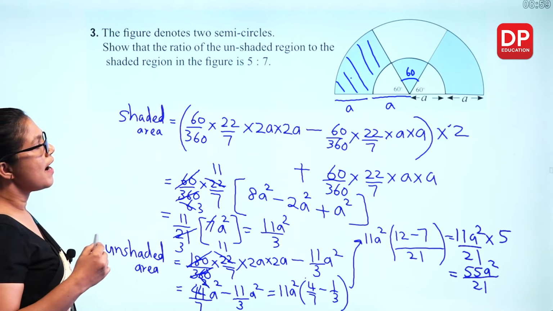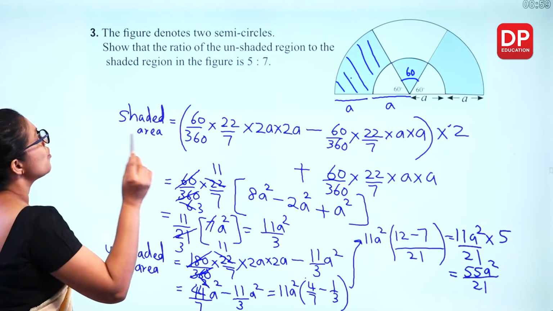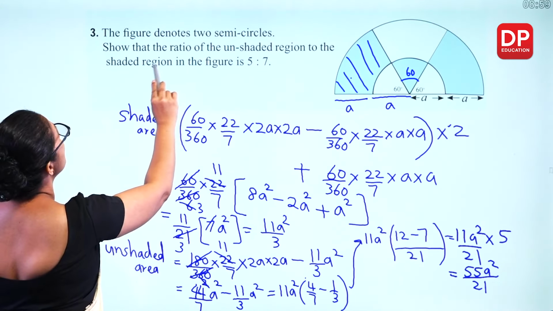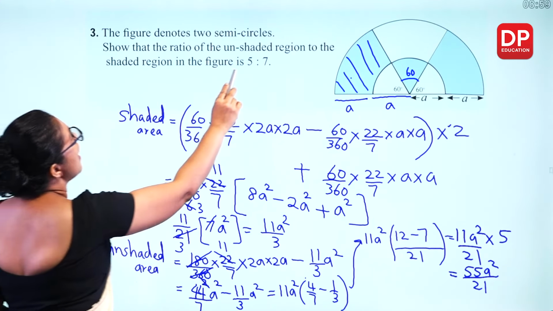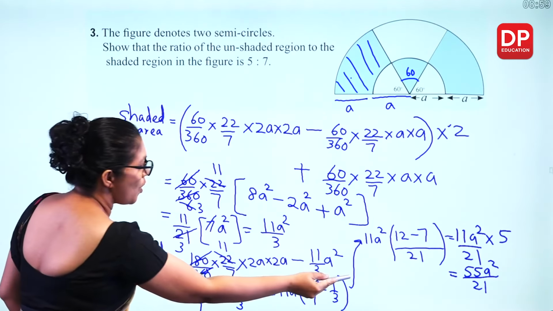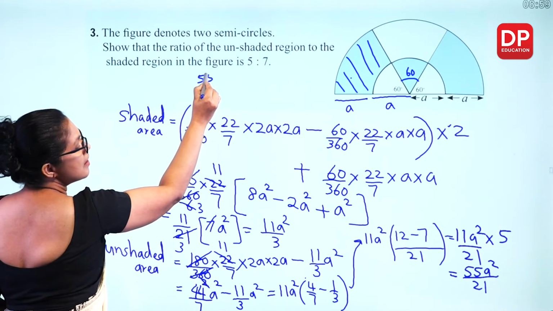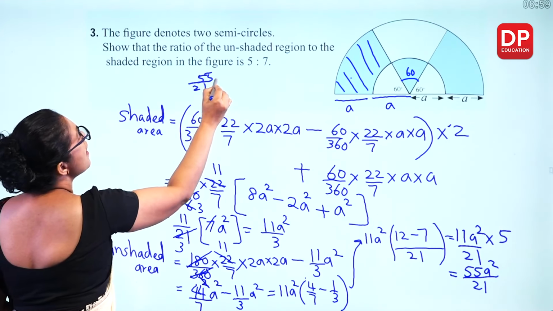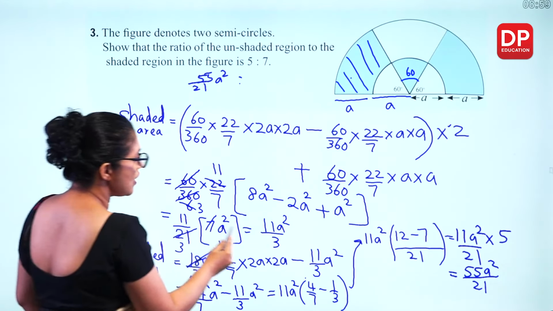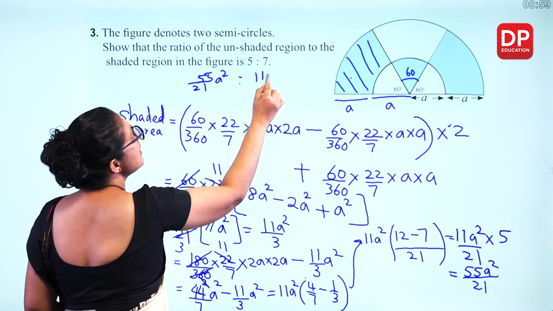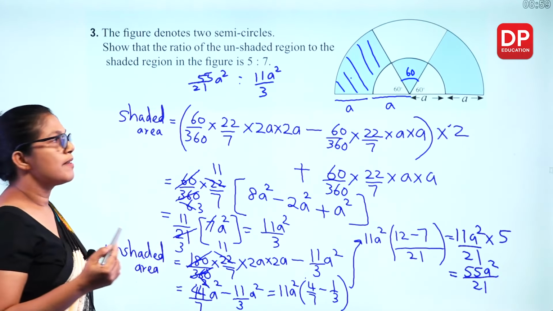So we'll find the ratio between those two. The unshaded part is 55 over 21 A squared, and the shaded region is 11A squared over 3. Now we need to simplify.